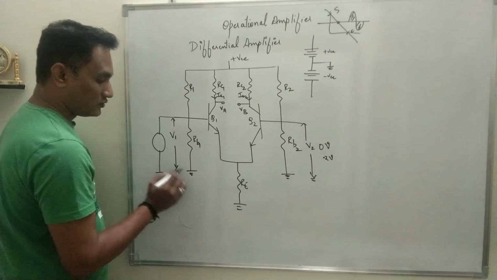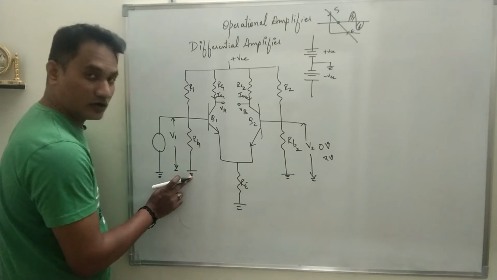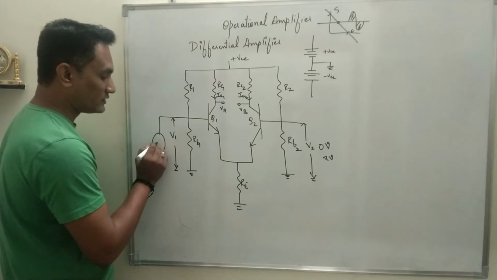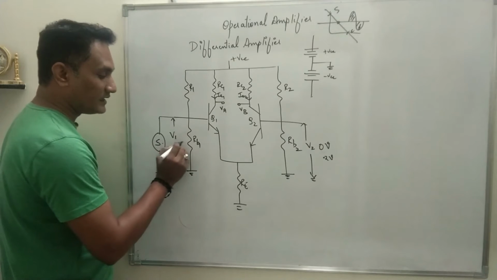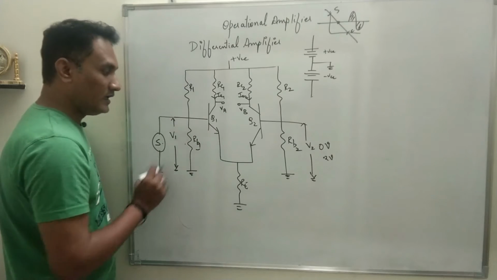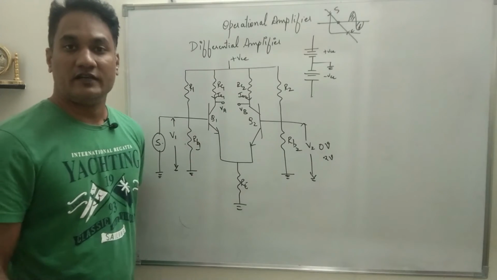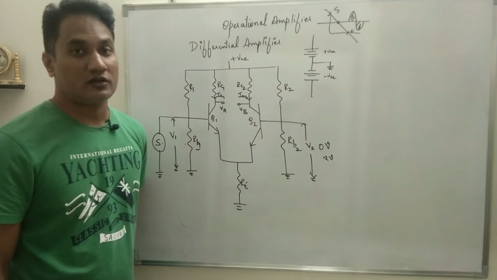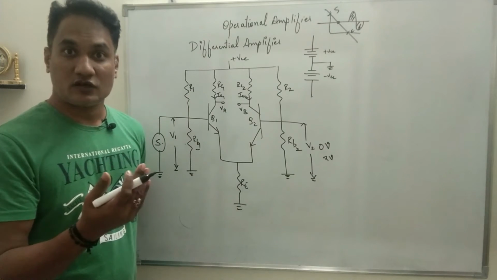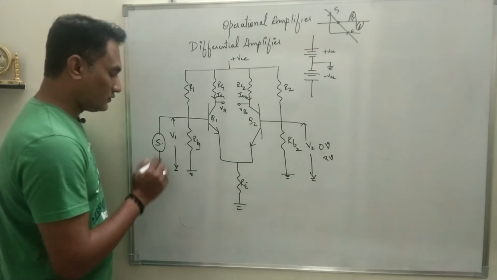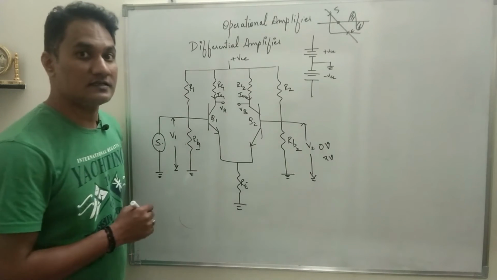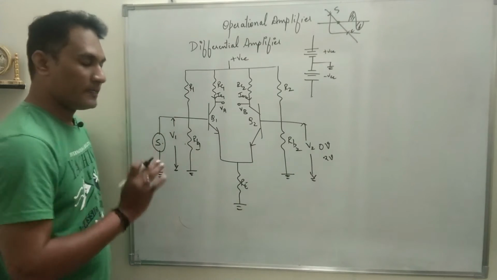Now if a common ground is not used and a normal circuit ground is used, what happens is, as soon as a source is connected, this source comes in parallel with the biasing resistance RB1. Whenever a source is designed, we have to make sure that the output resistance of the source is low. Now see what happens.